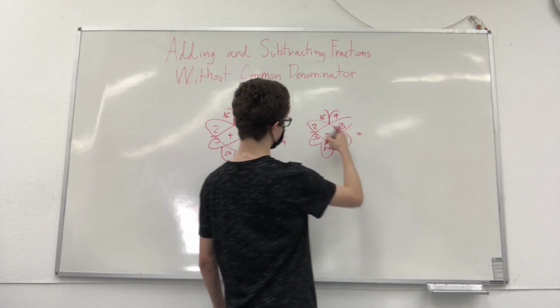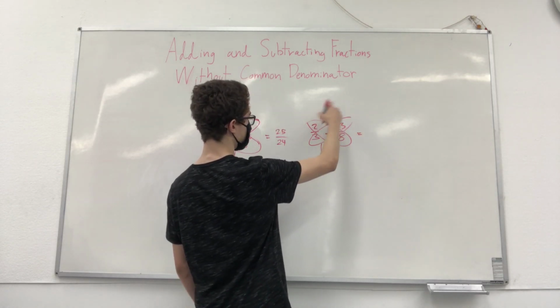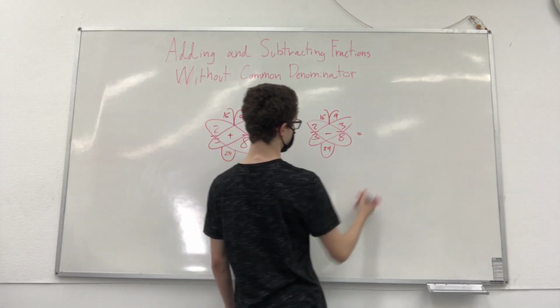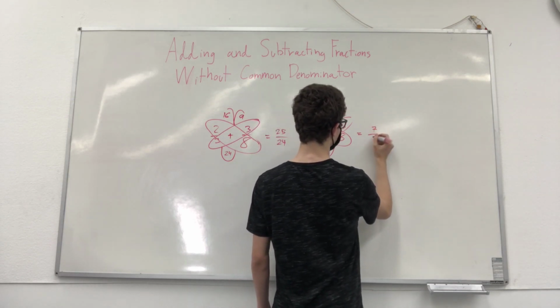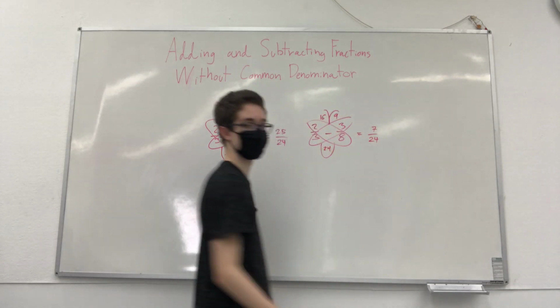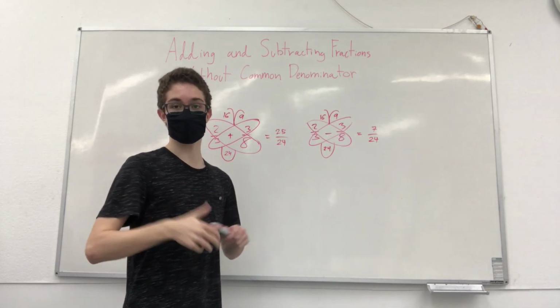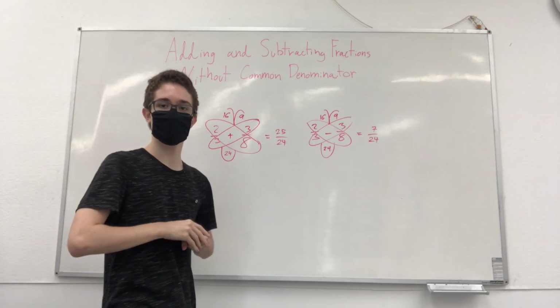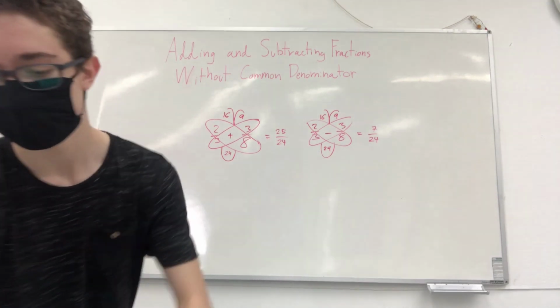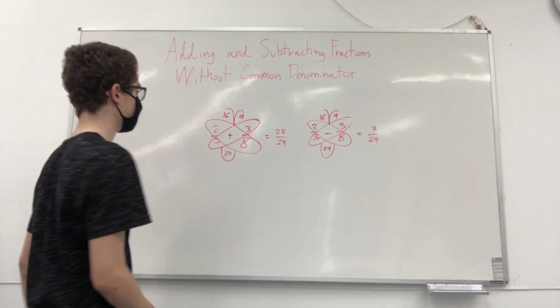And you would get, but this time you would subtract the two numbers up here. So in the end, you get 7, correct? 7/24. And you can try this out visually. It would also work. I would recommend you to try that with the other method we taught. But yeah, if you want another way to do your addition and subtraction, this is it.